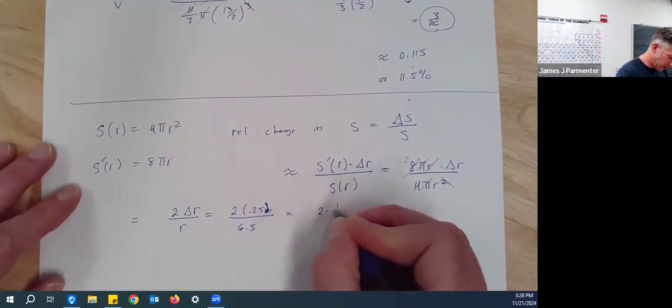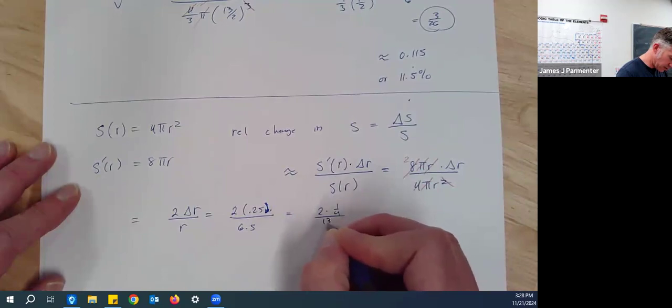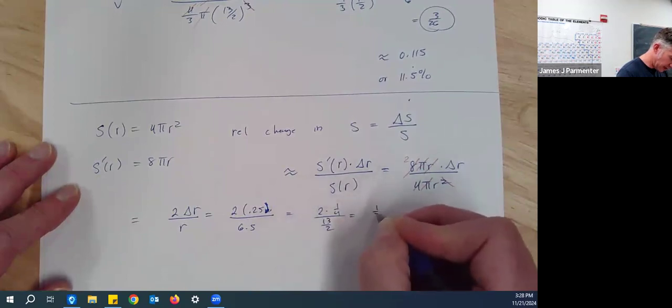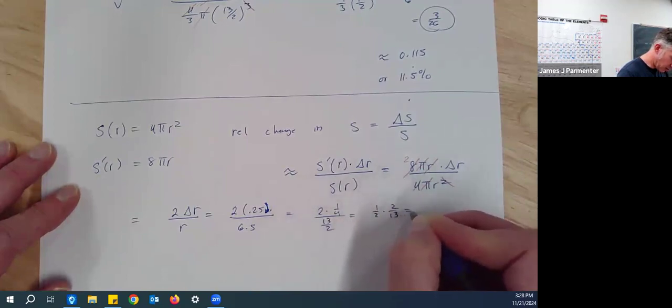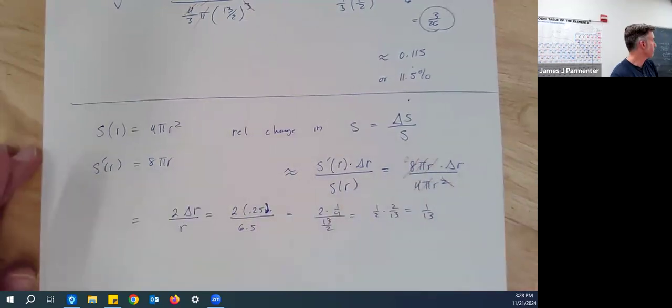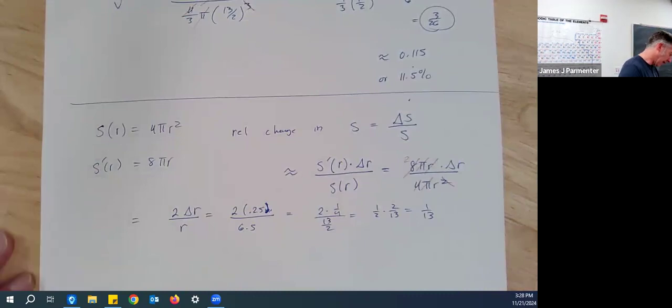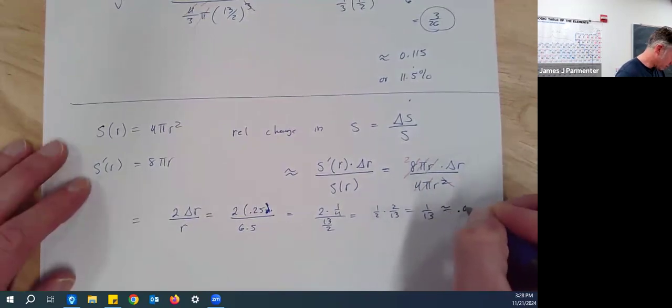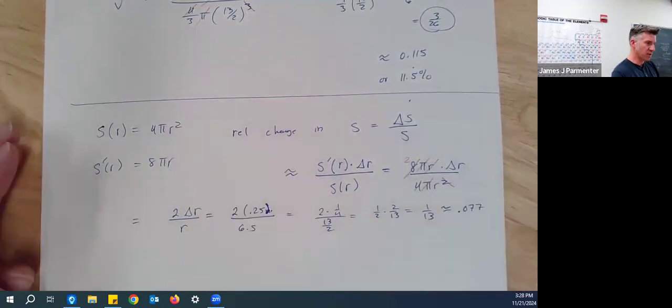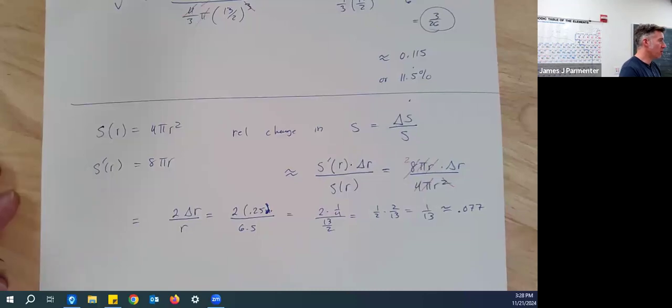That's 2 times 1/4 over 13 over 2, which is 1/2 times 2 over 13, which is 1/13. Interesting. Again, I don't think that's particularly nice. I would write it as a decimal, which is approximately 0.077 or 7.7%.